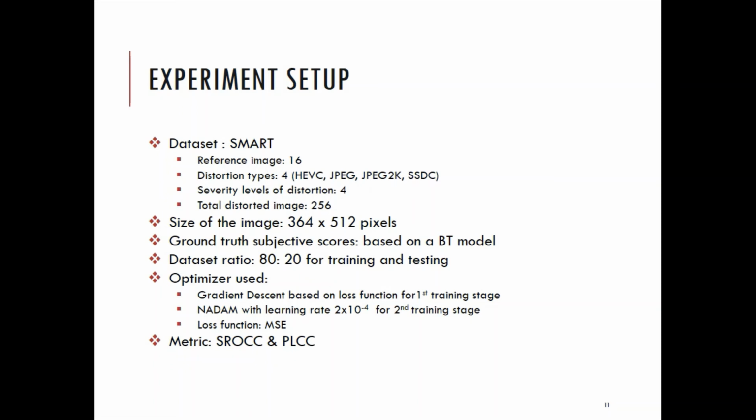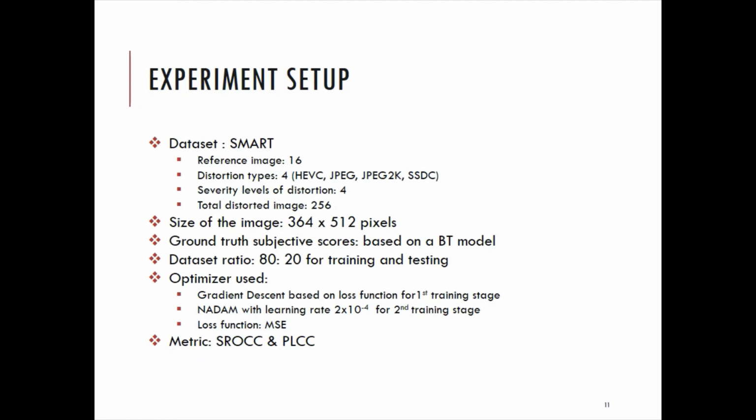The severity level of distortion, or the level of compression artifacts inserted in the image, is of 4 types. The total number of distorted images is 256. The size of the images that we use to implement our algorithm is 364 by 512 pixels.